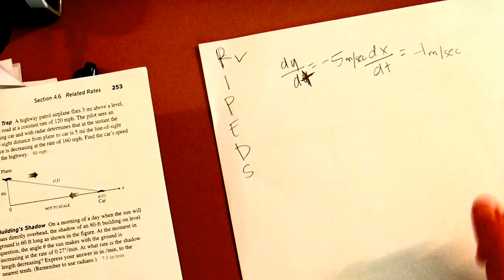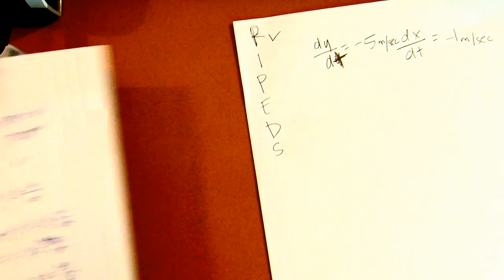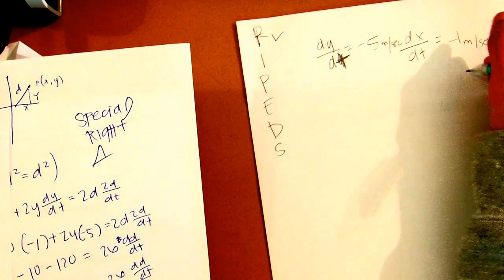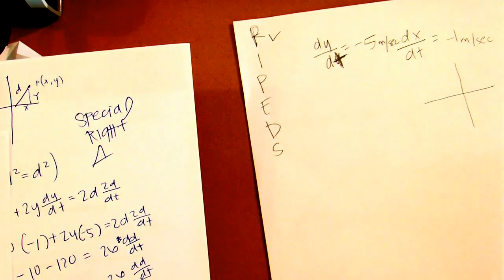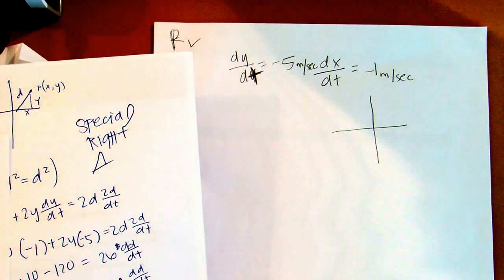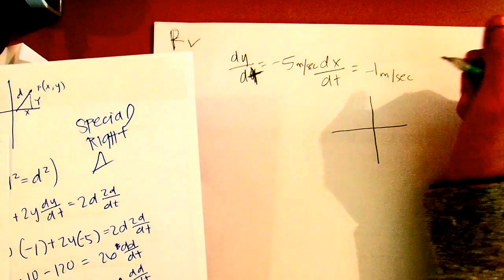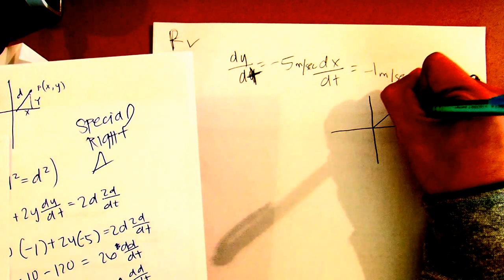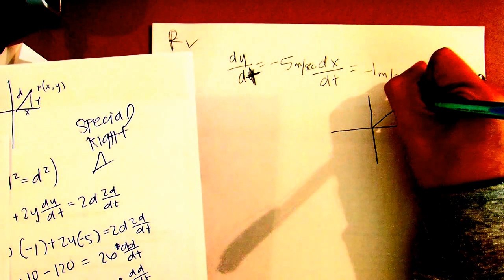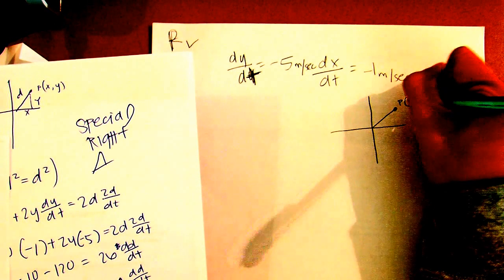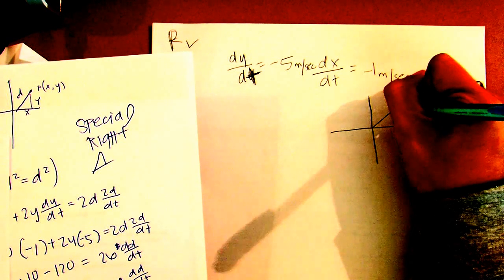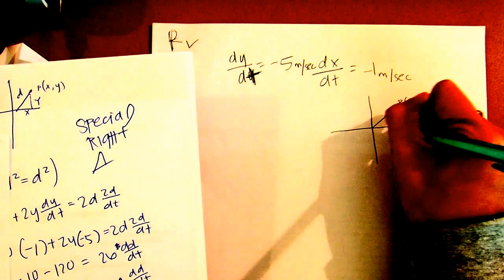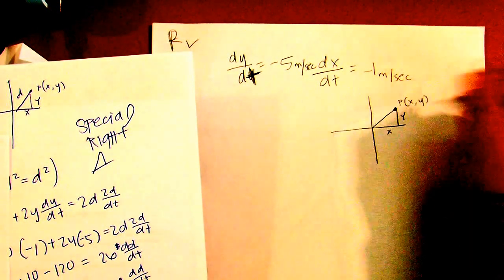Okay, so now we gotta draw our picture, and this is gonna be point P at the coordinates x and y. So we know this is the x and this is the y.